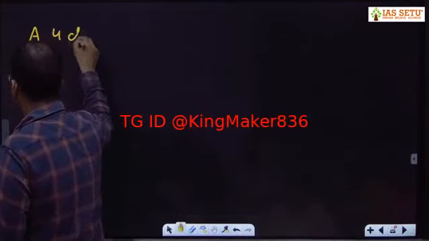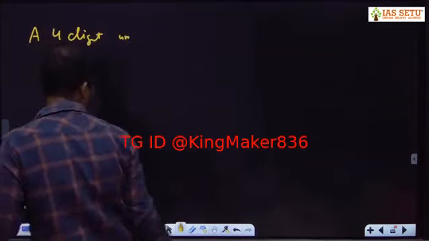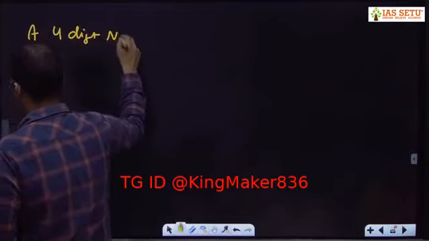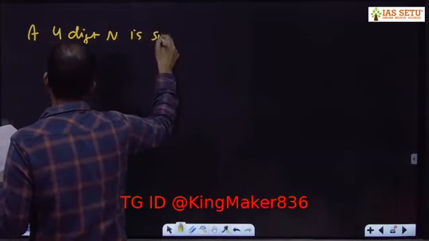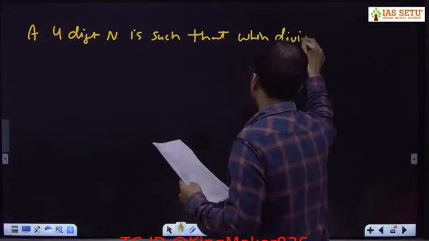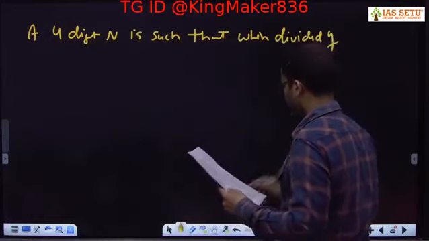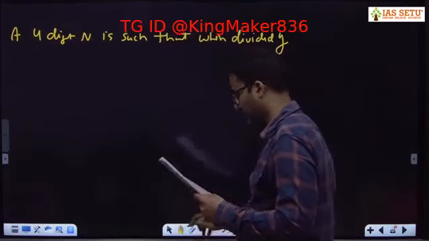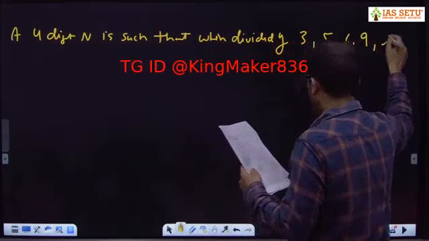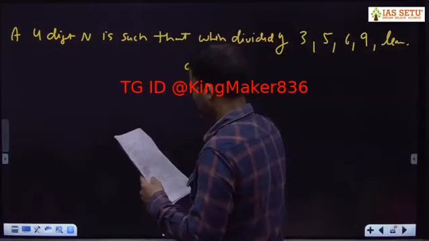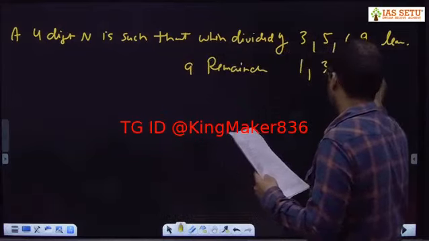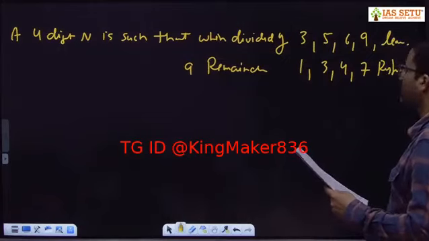A 4-digit number n is such that when divided by 3, 5, 6, 9 leaves a remainder 1, 3, 4, 7 respectively.